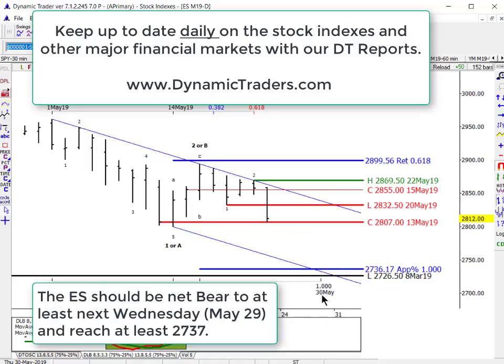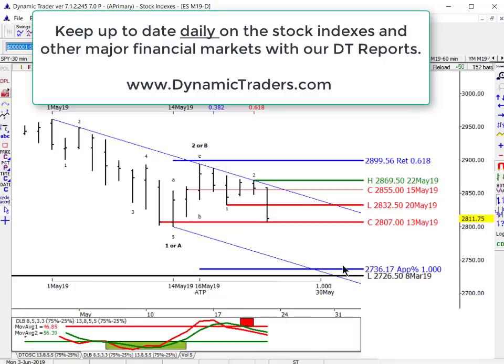So let's do plus or minus a day: next Wednesday, May 29th through Friday the 31st. That would be a time target for the continuation of this bear trend, which should reach at least 2737. That would be the typical target, again if we're just making the minimum probable downside of an ABC correction as opposed to an impulsive decline.